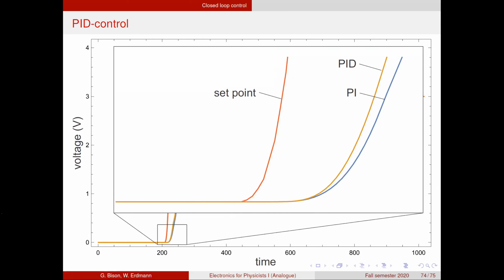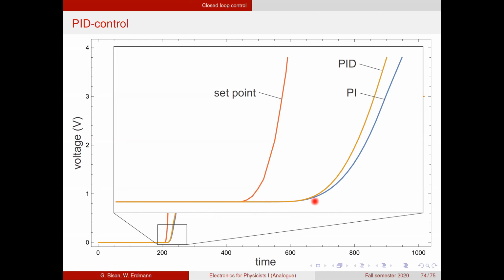The difference between the output curves and the set point is the error signal. You see the error signal grows very quickly in the first moments of the change, and the D part will then generate a large voltage proportional to that change. And this gives the whole system a kick in the right direction right in the beginning.